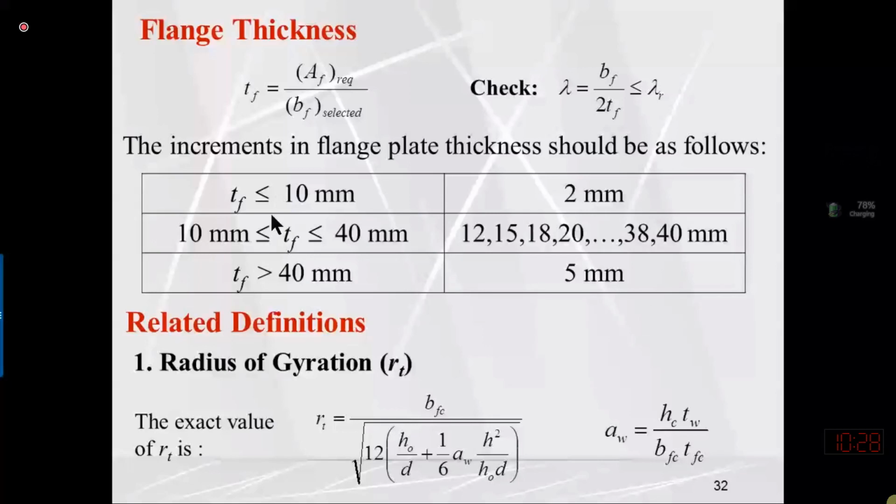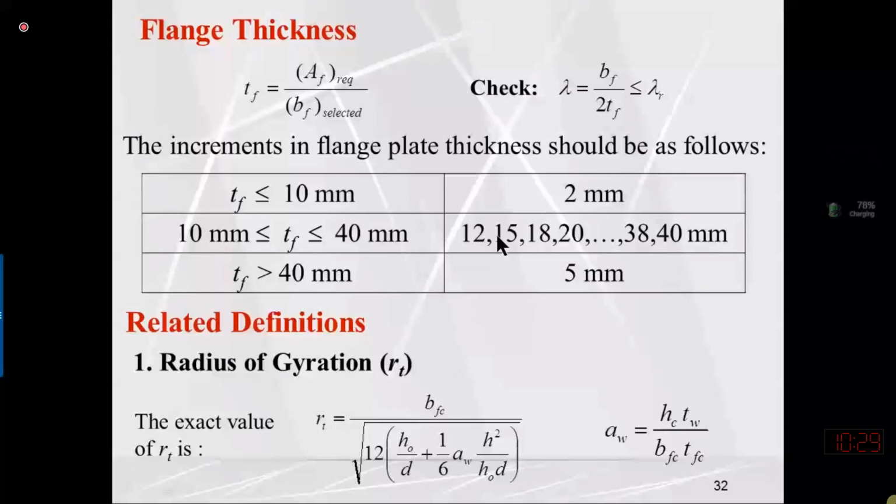But if the thickness of the plate that we have computed from this expression is between 10 mm and 40 millimeter, then it is selected in the following order to the upper available size. For example, if this equation is giving the answer 12.7, the available size on the upper side is 15.